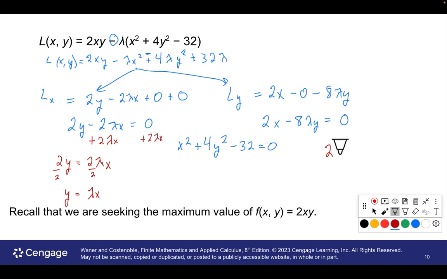So we get 2x minus 8 lambda times lambda x equals 0. 2x minus 8x lambda squared equals 0. It's going to give us x equals 0.